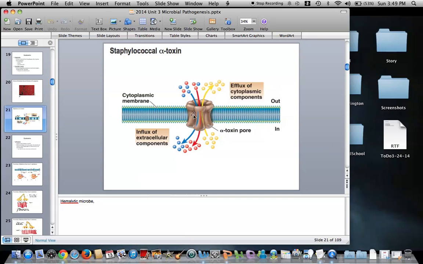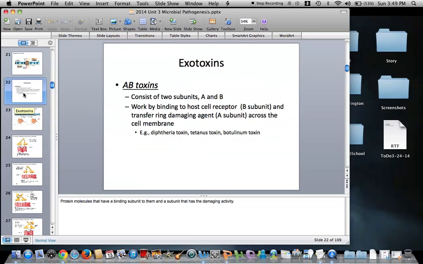Oh, this is one of these cytolytic toxins. You have alpha toxin. And the alpha toxins essentially are shipped out as it's an exchanger with various extracellular things.